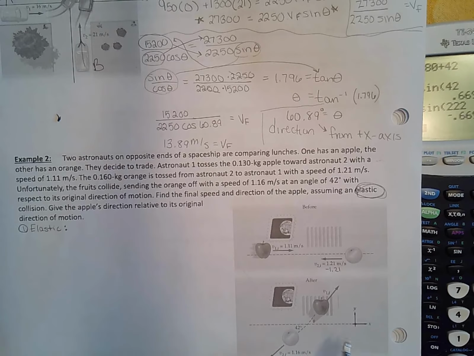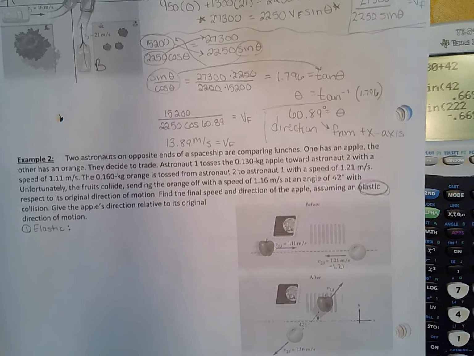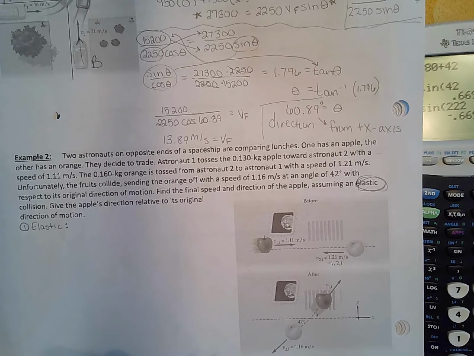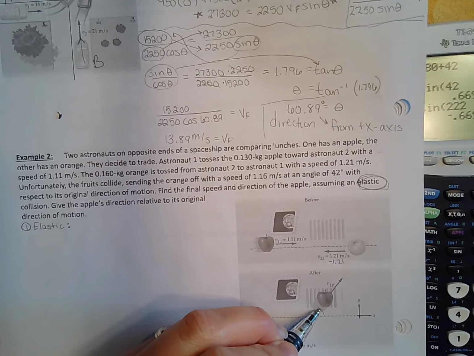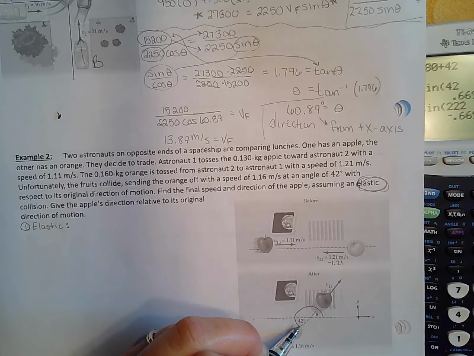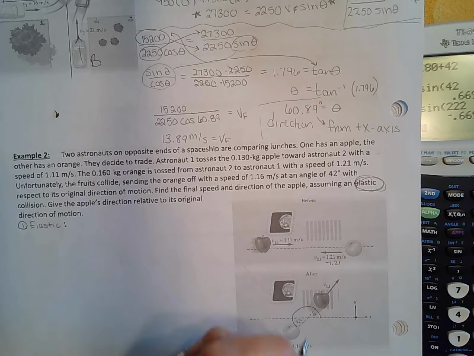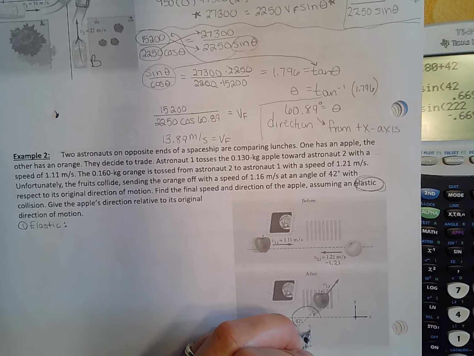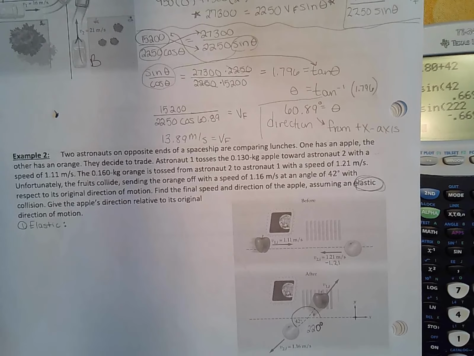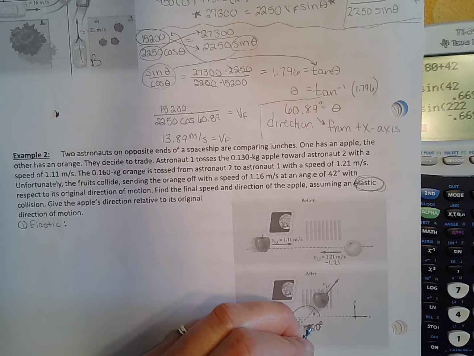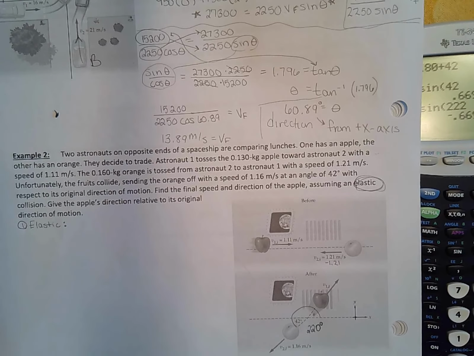If this is my positive x-axis and this is 42, I could use the angle like that to get to my orange, right? So I'm also going to remember that I could add 180, and if I want to type it in my calculator nice and simple, that overall angle is 220. Now I'll tell you what we could do, that's for the orange.